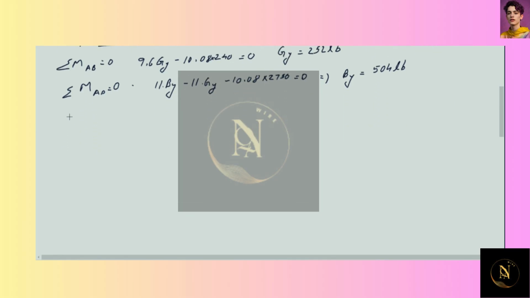Now let's find the summation of moments about CG equal to 0. So 11 feet times By minus 11 feet times Az minus 9.6 feet times Ax equal to 0. We know the values of Ax and By. Substituting them gives the value for Az, which will be 0.